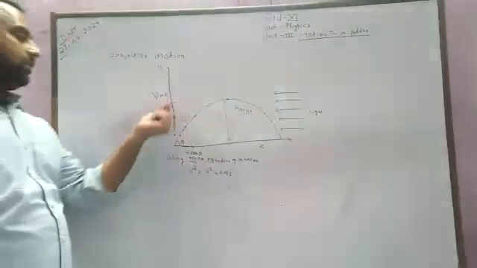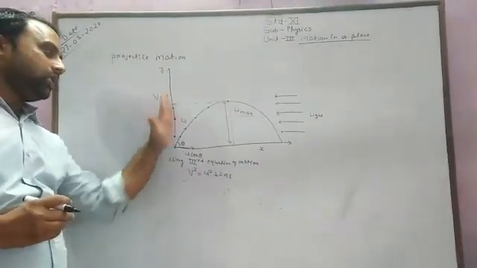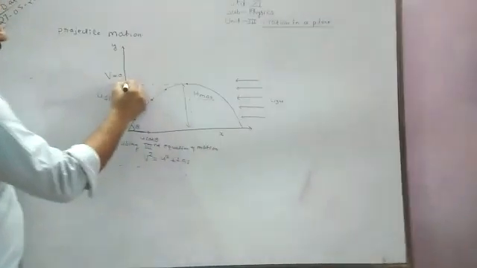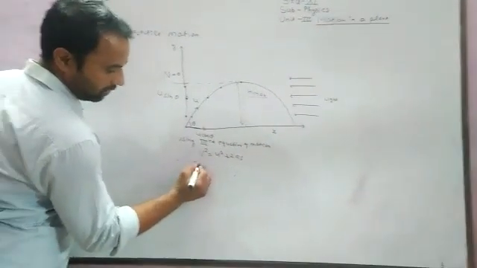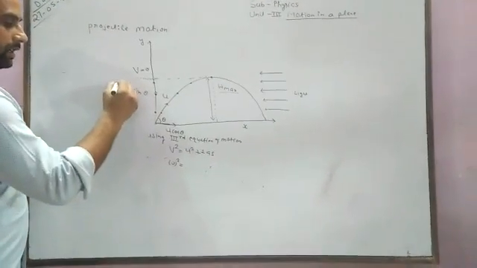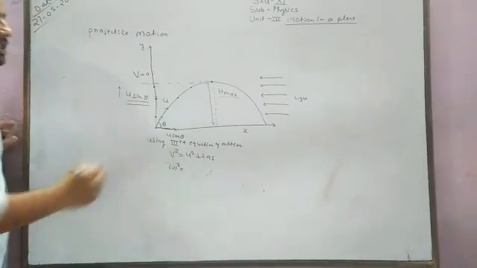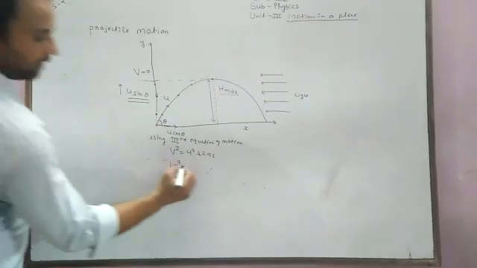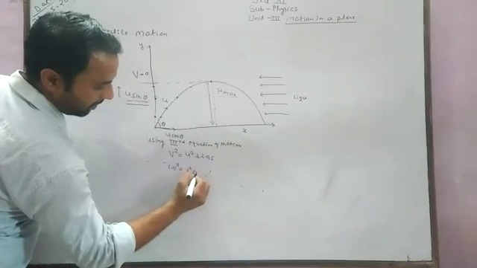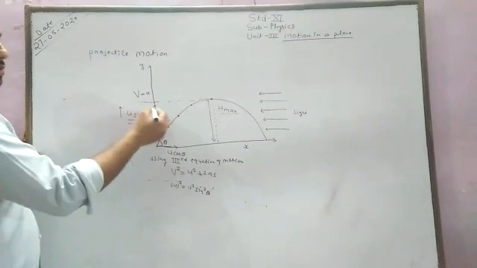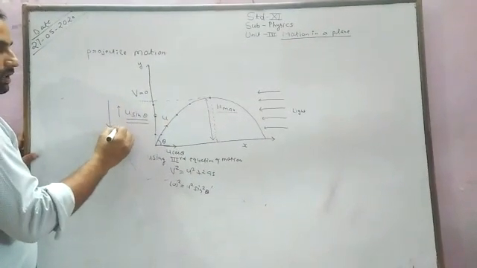Now we are considering only this axis. The final velocity of the particle will be 0. The initial velocity of the particle is u sin theta, as if the particle is projected vertically with u sin theta, so u square sin square theta. The acceleration is downward.